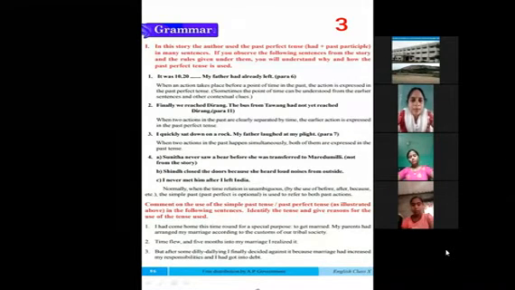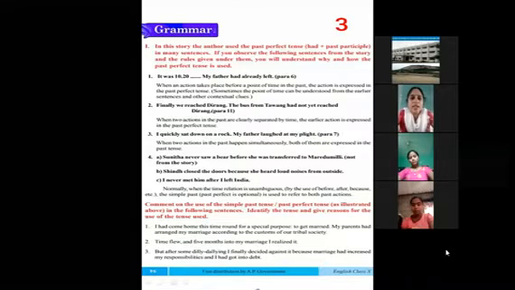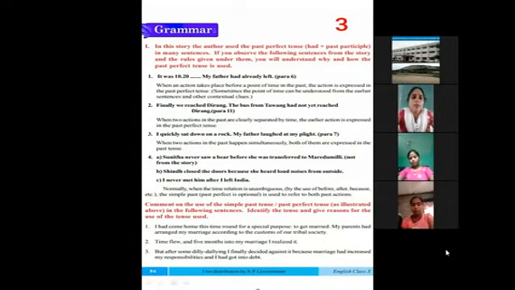Is it clear, ma'am? Next, the third point: if two actions completed in the past but happened simultaneously, for both actions we can use simple past tense only. No need to use simple past and past perfect. We can use only simple past tense.